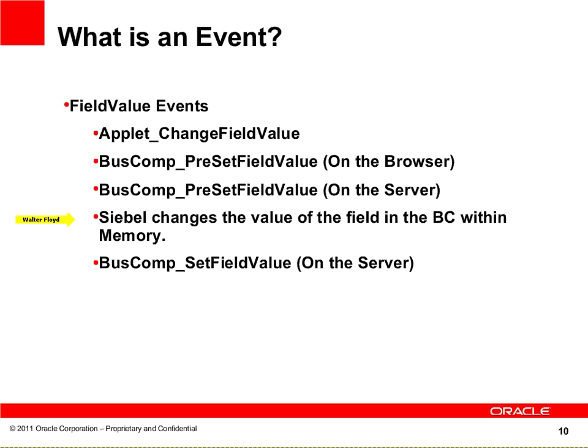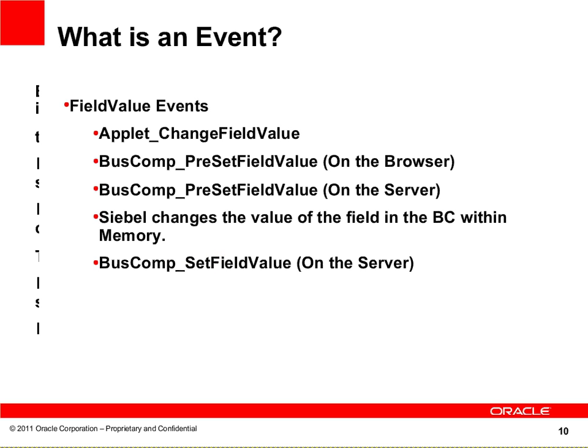Then after that's completed, there's only one set field value on its way back. That's on the server. These two don't have a trip back to the browser side for putting code. It's only on the server side that you could do the set field value side of this.